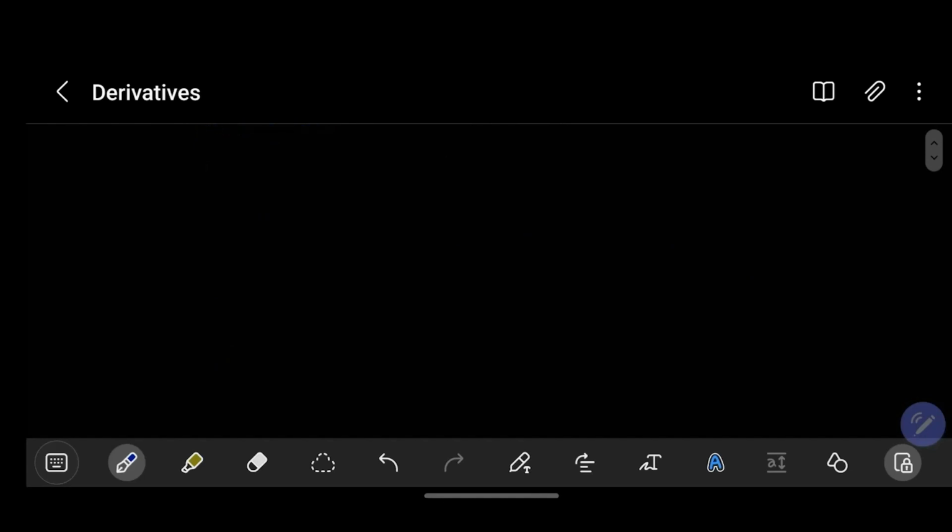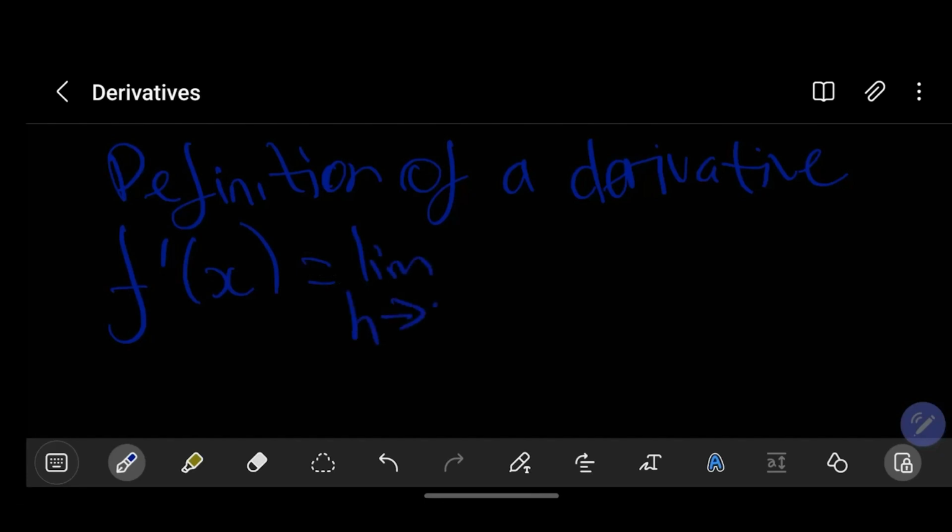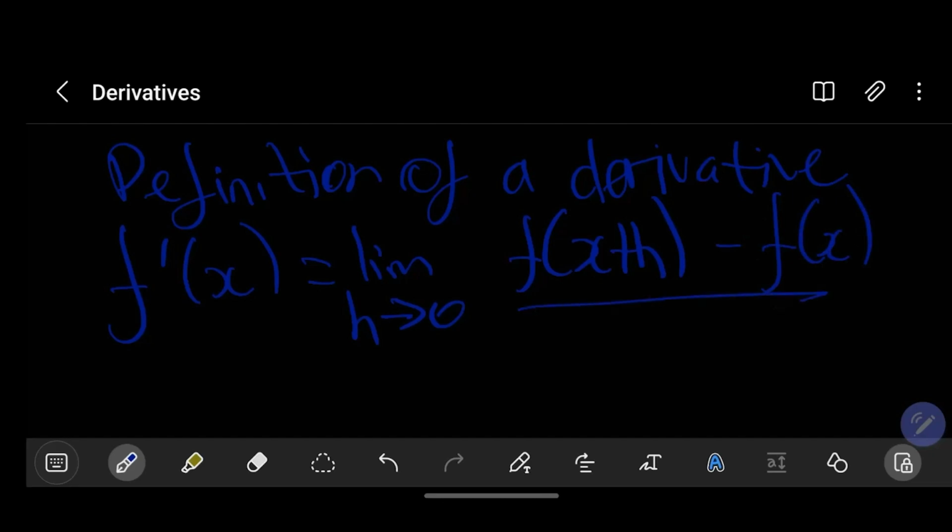So let's jump into the next part, what some people call the definition of a derivative. I know I did speak about what a derivative is, but in mathematical terms, the definition of a derivative is represented as f prime of x, which is equal to the limit as h approaches 0 of f of x plus h minus f of x, all over h.